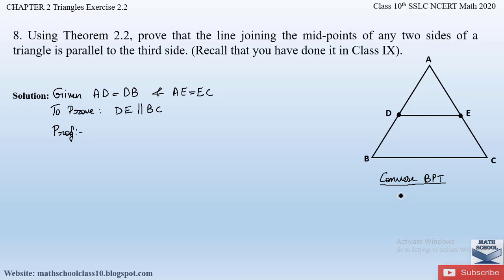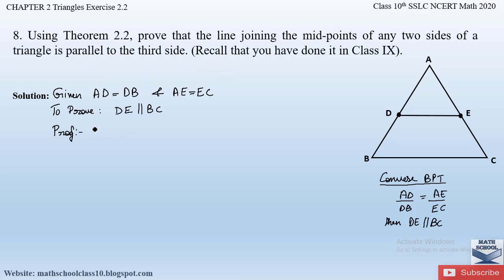So according to this theorem, if AD by DB is equal to AE by EC, a line that divides the two sides of a triangle in equal proportion is parallel to the third side. Then we can say that DE is parallel to BC. This is the converse of the BPT theorem. So we are using this theorem to prove the statement given here.